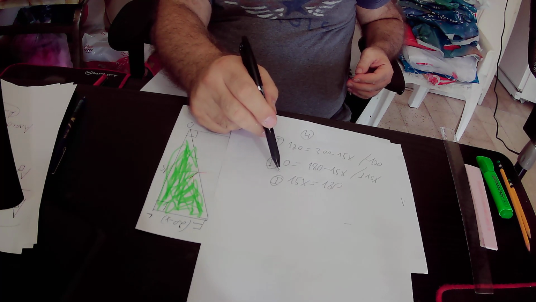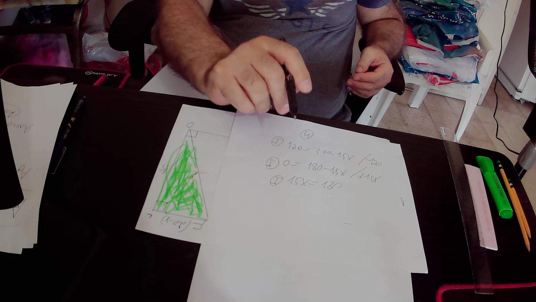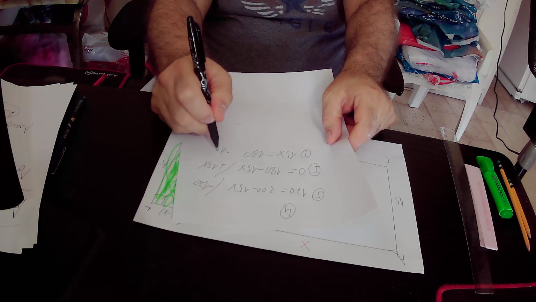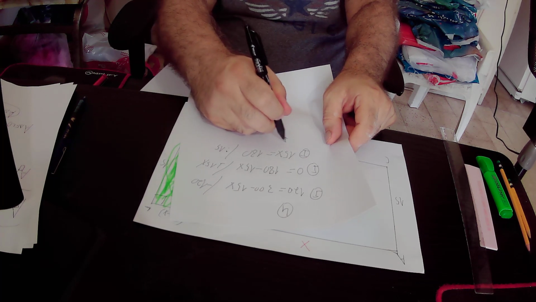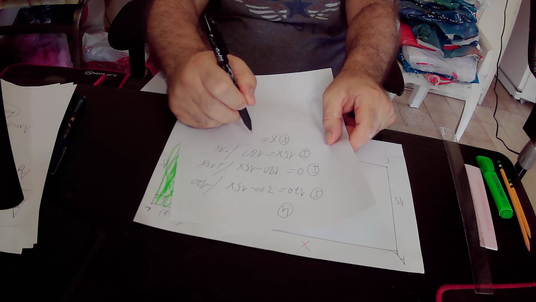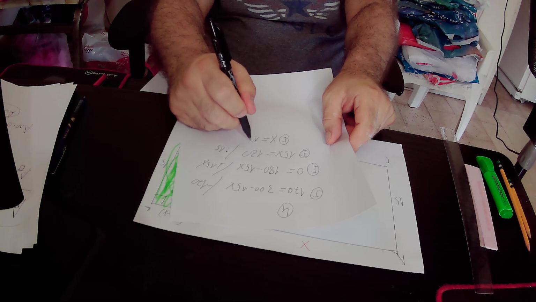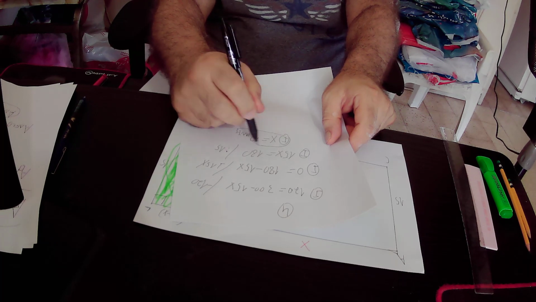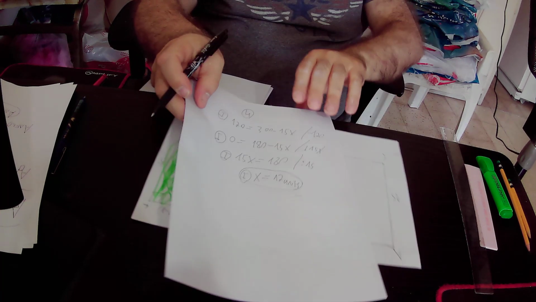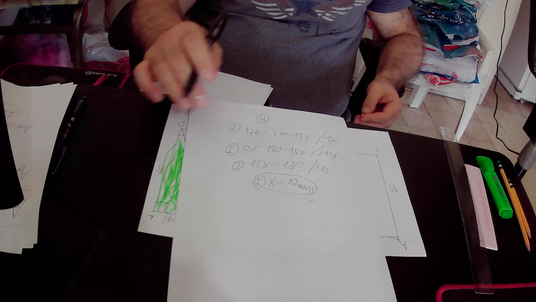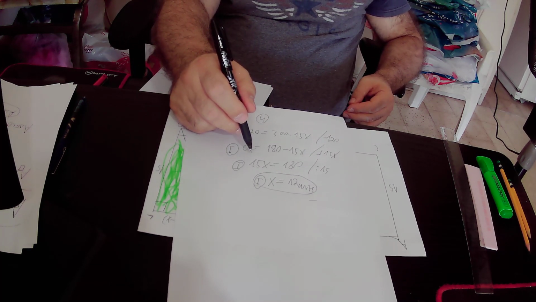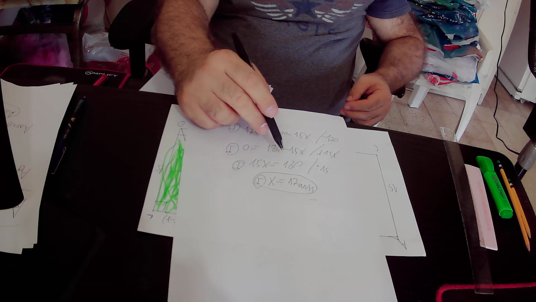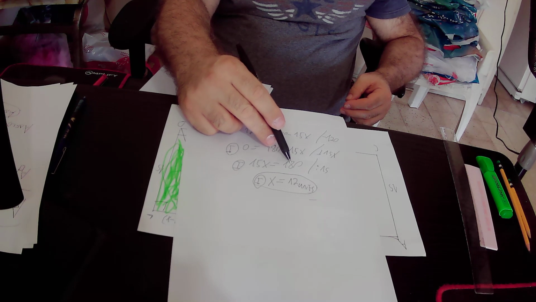We divide equation number 1 by 15. 180 over 15 equals 12.